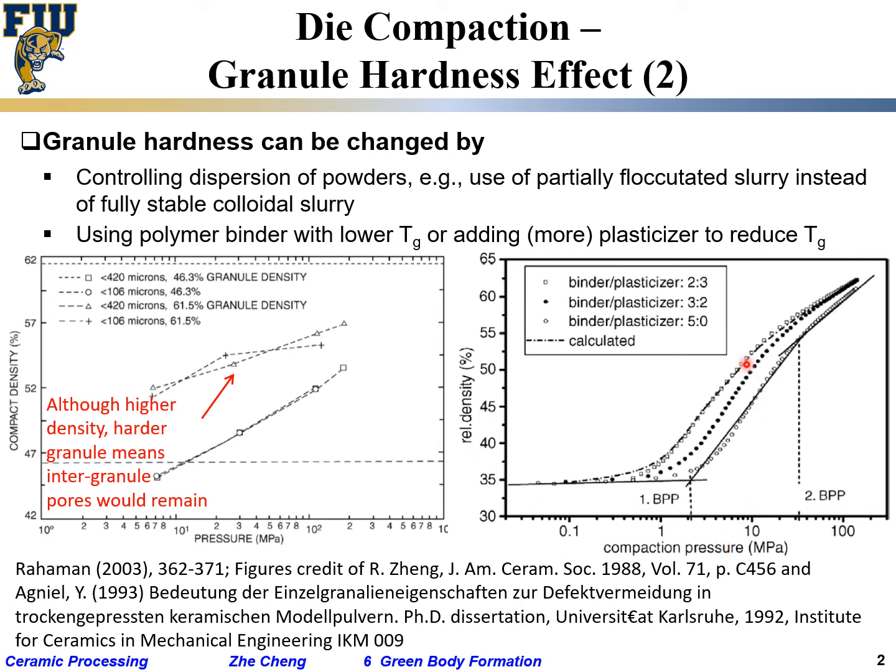We are looking at three different types of recipe with different binder to plasticizer ratio. The open square one is at the top.